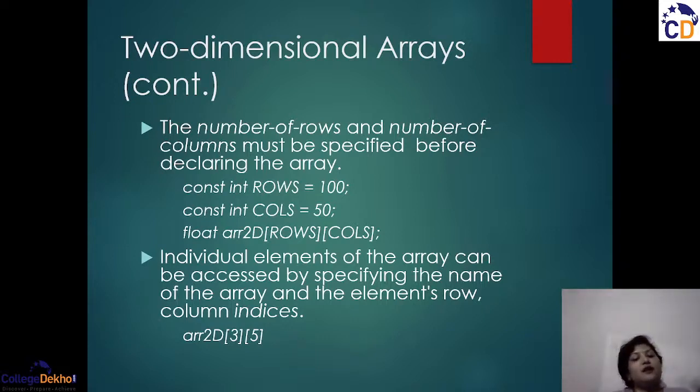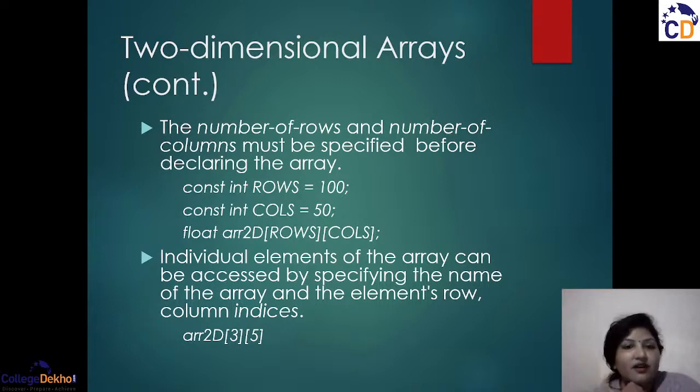This is the index of that particular value. It is not the value. It is the index of that particular value. That is ARR2D, the row index is 3 and the column is 5. That is how it is written, right? If I want to access the second column of the second row, what I am going to write is ARR2D 2, right?